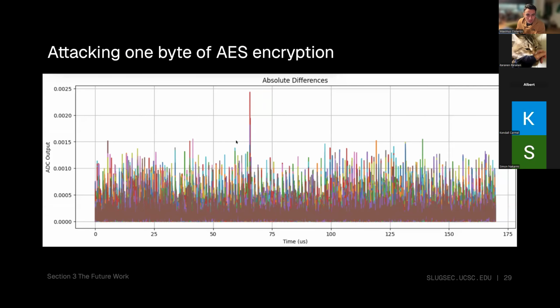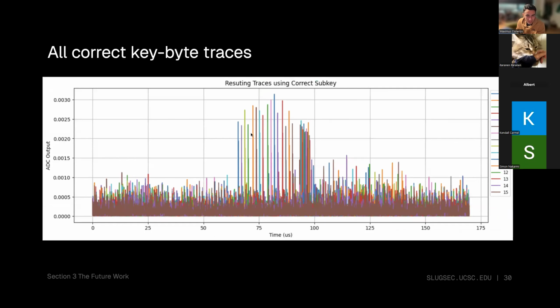This blue trace corresponds to this red trace right here, and every subsequent trace, as outlined in the legend on the right-hand side, is indicated by the correct key byte number. So this is the first byte, the second byte, the third byte, et cetera. As you see, when we have the correct byte guessed, the DPA analysis gives us a highlight of the instances where the key was correct. And now we can take this information and recover the correct key.